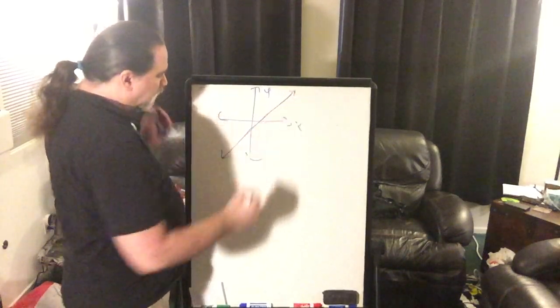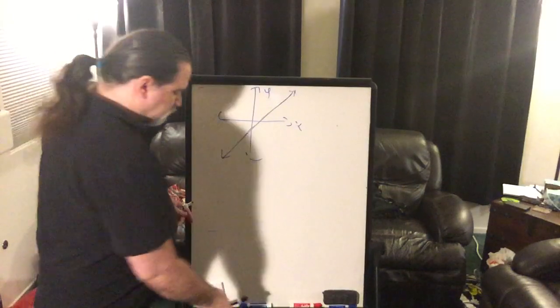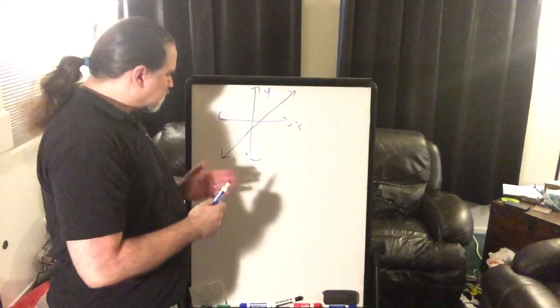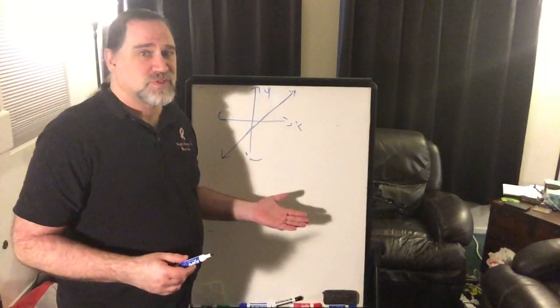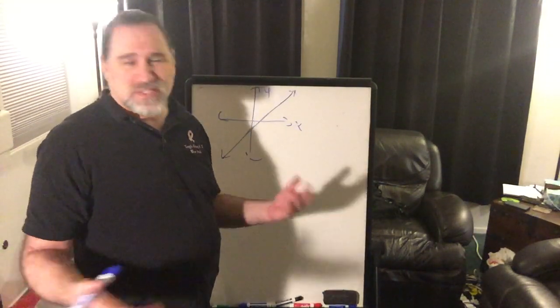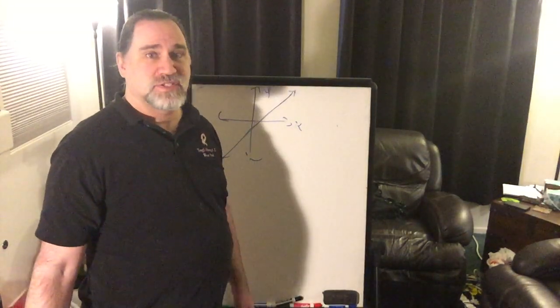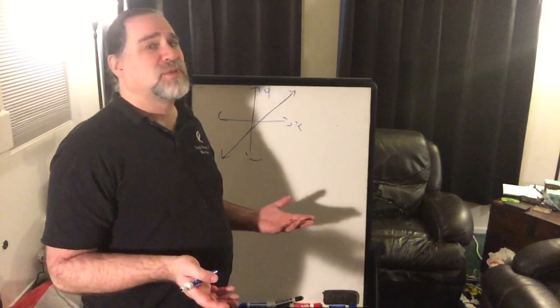Obviously, I didn't draw it perfectly, but hopefully you can see that it overlapped, that it literally is the same line twice. That would come up as infinite solutions because it's the same line. It's like, where do these two lines touch? Everywhere that they exist, they touch because they're the same line.